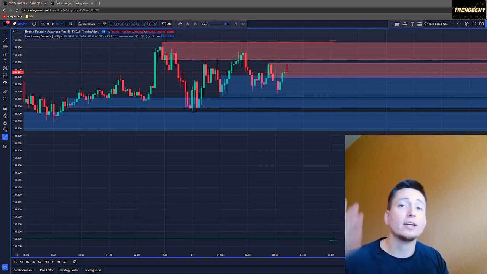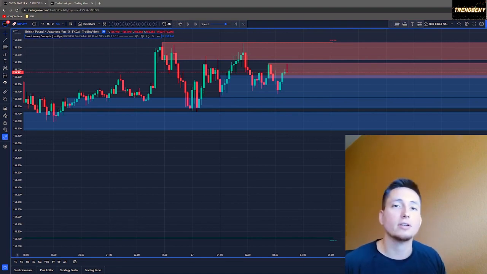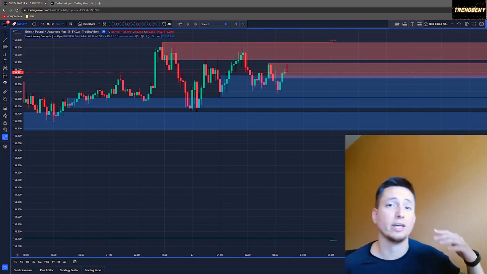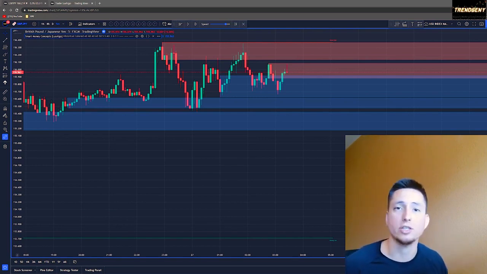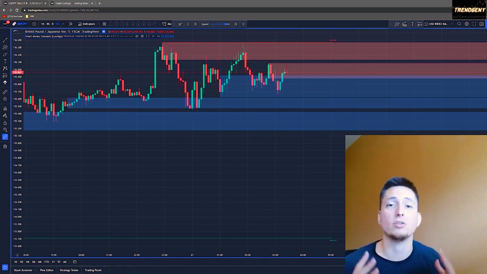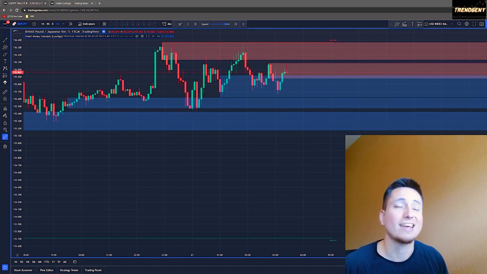So make sure that you go ahead, check this out, and utilize the change of character, the CHOCH, as well as those order blocks, if you're trading, let's say, reversals, trends, breakouts, trend continuation, or if you're looking to avoid or take advantage of consolidation or range zones. There's definitely a lot of benefit to this indicator, so I would say in my book it definitely works. You just got to find the right strategy to complement it, or for it to complement.